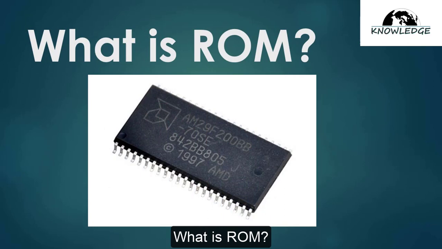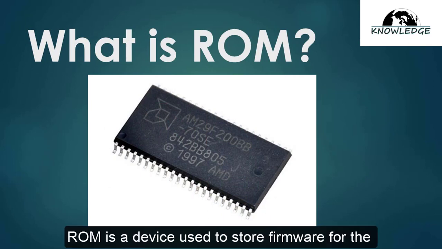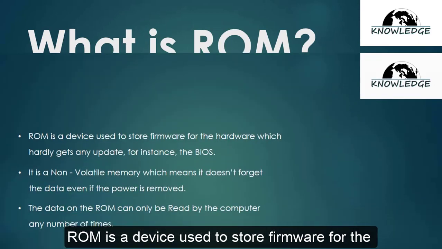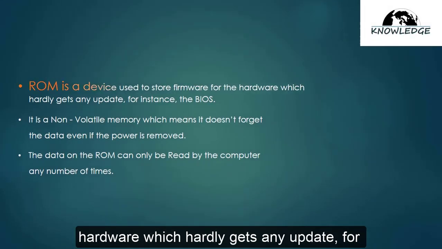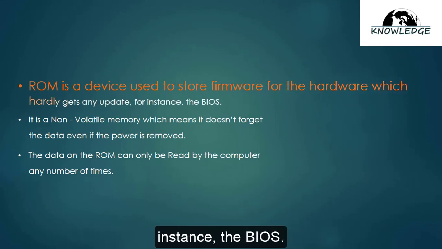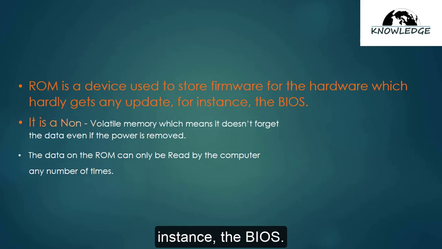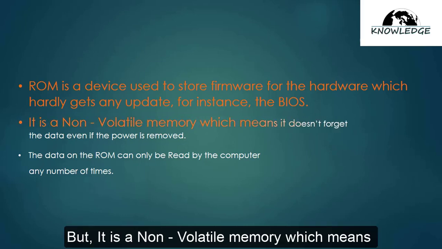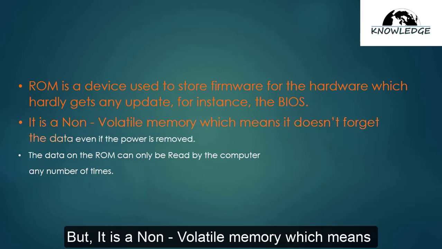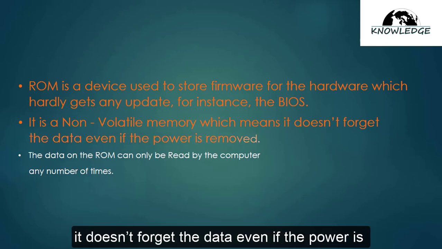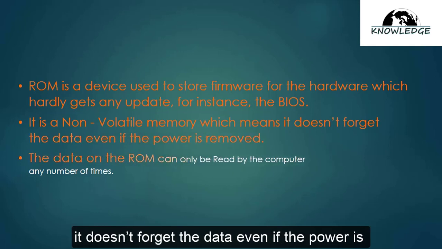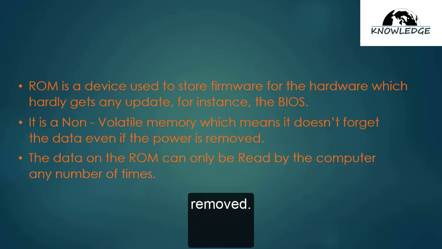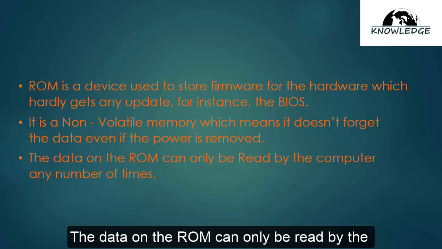ROM is a device used to store firmware for the hardware which hardly or rarely gets any update, for instance, the BIOS update. But it is a non-volatile memory, which means that it doesn't forget the data even if the power supply is removed, while RAM forgets the data if the power supply is removed.